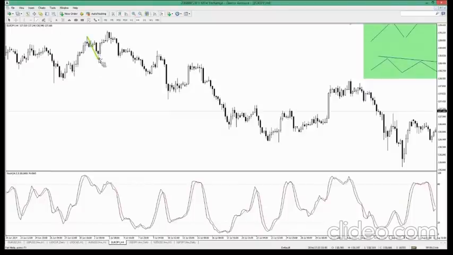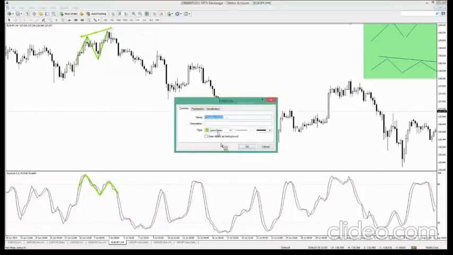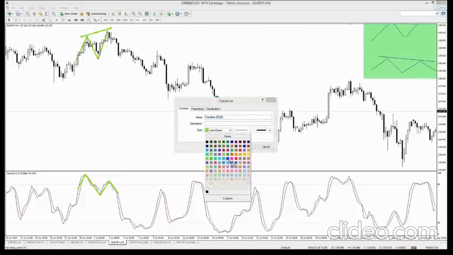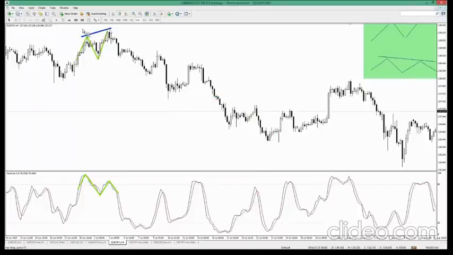Here's price making a higher high, but if we look at the indicator, it's making a lower high. This is your standard divergence. We draw it over the peaks: higher high in price, MACD stochastic making a lower high. That's your standard divergence.